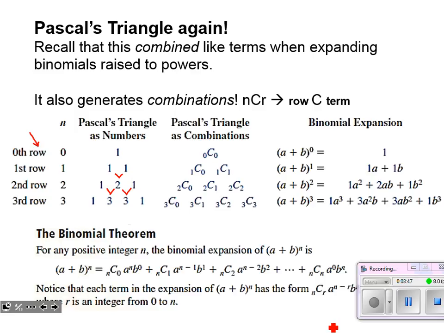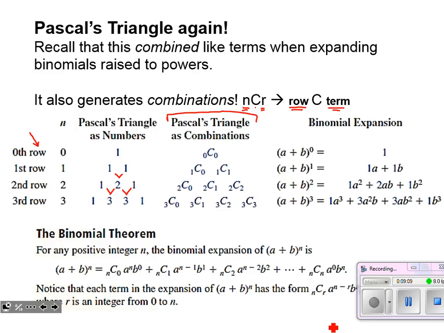Well, now to translate that into this combination concept, what we're thinking is it's row, choose, term. So instead of n objects, I'm choosing r of them. Say I want that row, choose that term in the row. Okay, so looking at the triangle here, you can see they've done a nice job. I like the way the textbook has set this up.